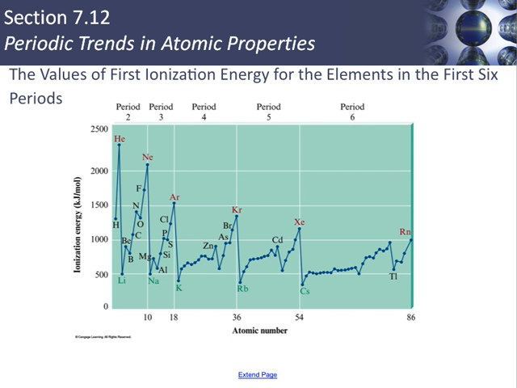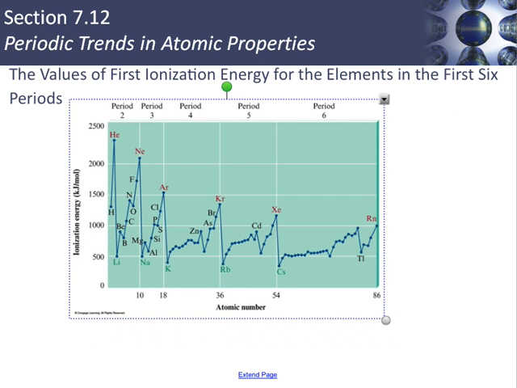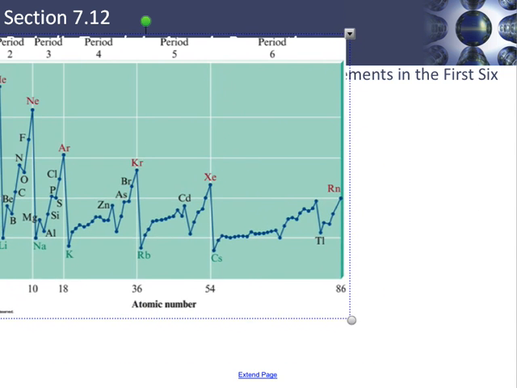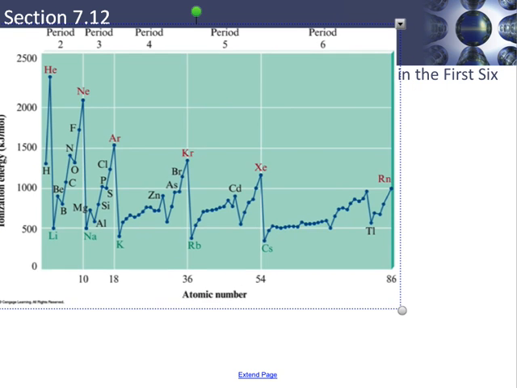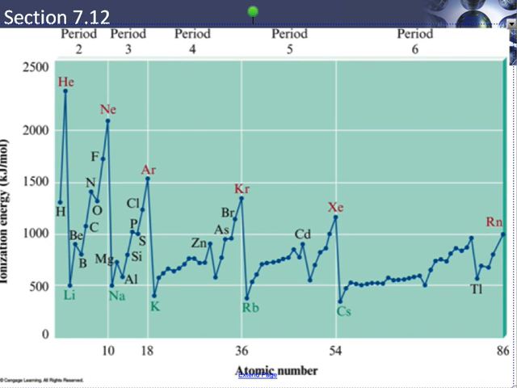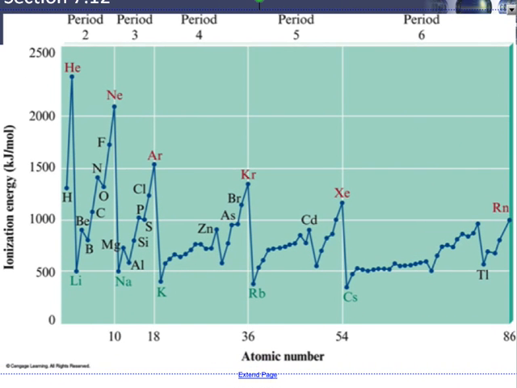Here is a graph. Let me make it a little bit bigger because I want you to be able to see this. Of all the ionization energies as you go across just through the whole periodic table. So it kind of makes sense. Starting with level 1, hydrogen to helium. That works. Why did it drop going to lithium?